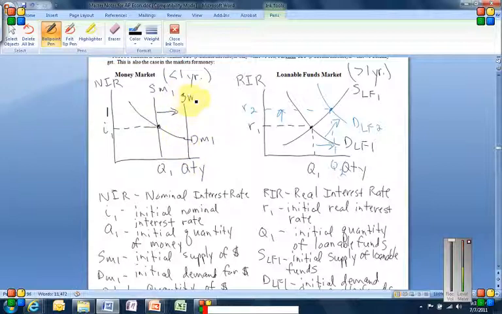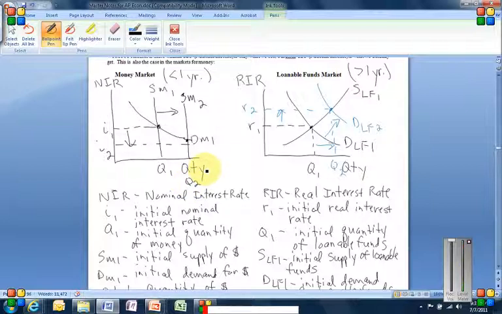And now we have S sub M2. That leads to a lower nominal interest rate, and it leads to Q sub 2.